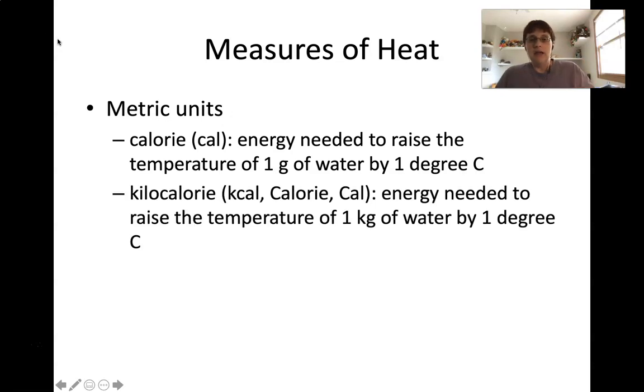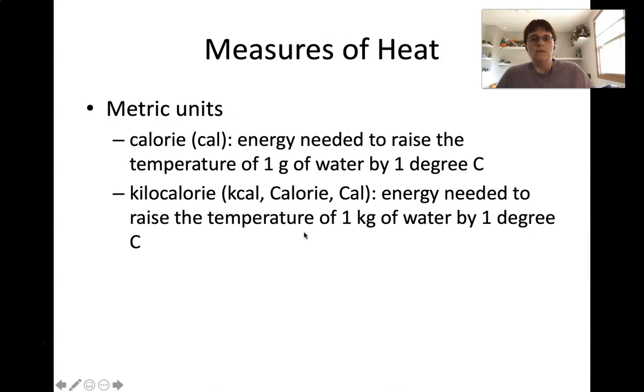Now, the calorie that you're familiar with is the kilocalorie, or calorie with a big C. This is the calorie that you see when you're looking at calories on food containers and so forth, because we need to measure it in thousands instead of singles. So this is 1,000 of these calories, because a kilocalorie is the energy needed to raise the temperature of a kilogram of water by 1 degree.